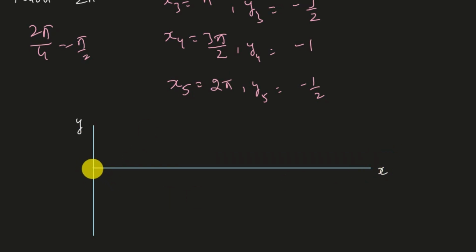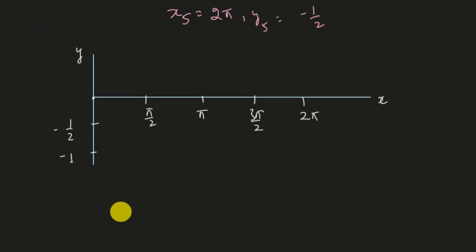Now x is 0 here, then here this is pi by 2, here we have pi, then 3 pi by 2, and finally 2 pi. Here we have minus 1 over 2, minus 1, and further this would extend a little bit more, this is minus 3 over 2.